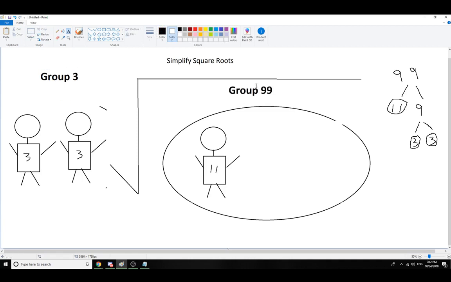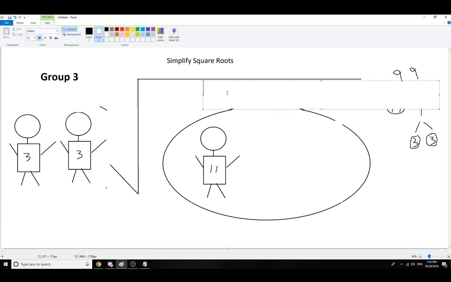So now Group 99 is having a bad time. It has no reason to be called 99. 99 doesn't mean anything anymore because when you multiply their group together, only 11 is left. So we're going to get rid of Group 99, and we're now going to call this guy who couldn't get out of jail Group 11.